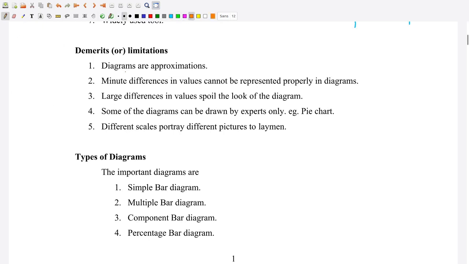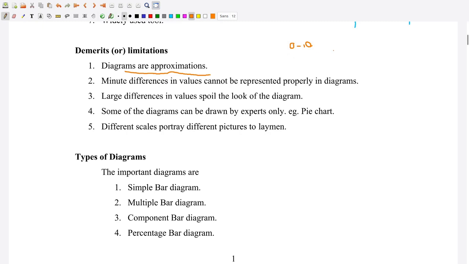Diagrams are approximations, they are not exactly the same thing. For example, if you have certain ranges, say you wanted to represent 0 to 10, in that case you can draw it using a graph.